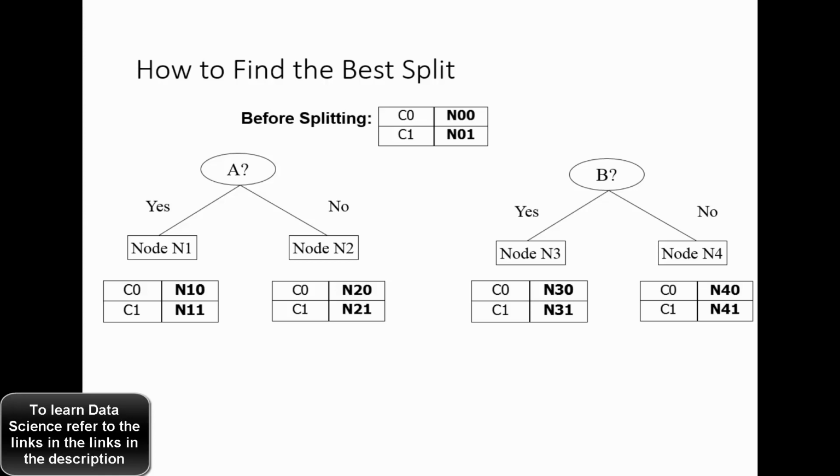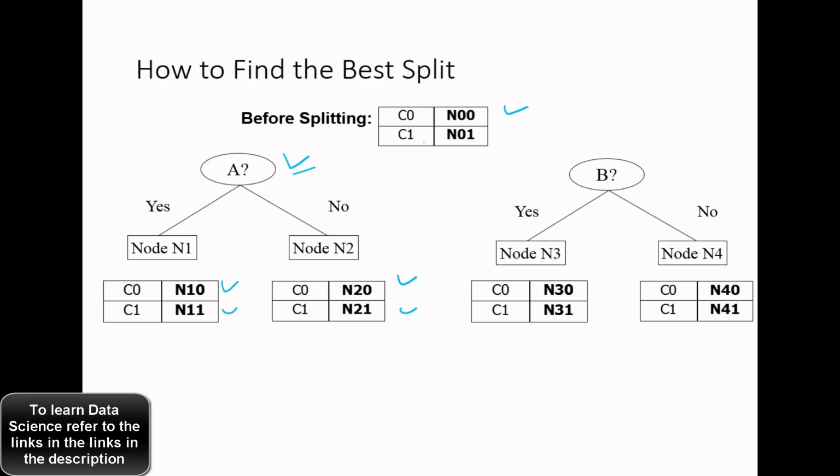All right, so here is the one. The classification for the parent node, let's call that N00, N01, and with attribute A, the different nodes give you some sort of a number, as we have seen in the previous example.